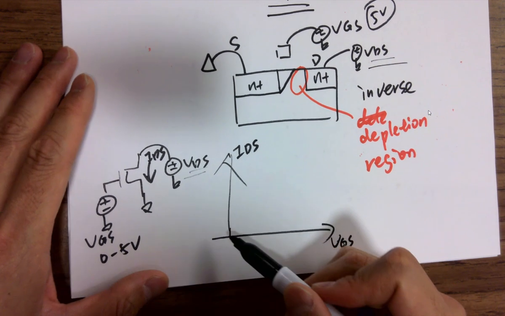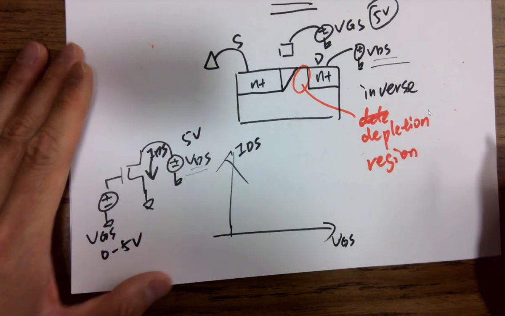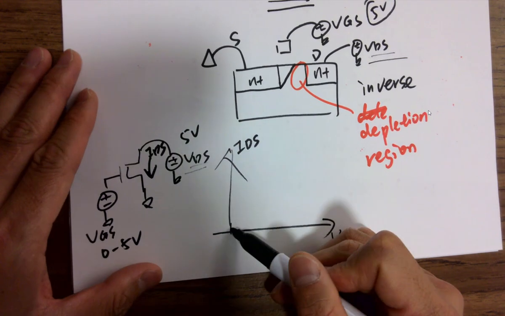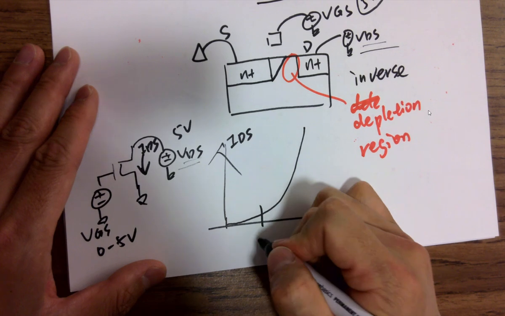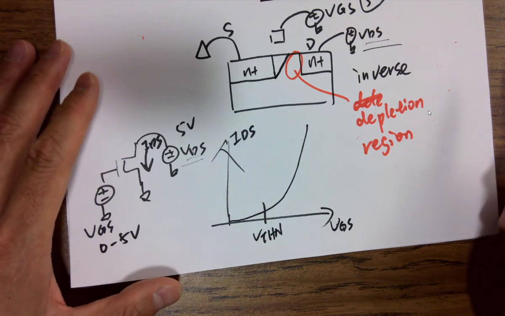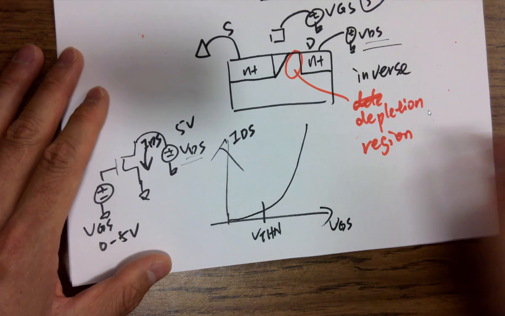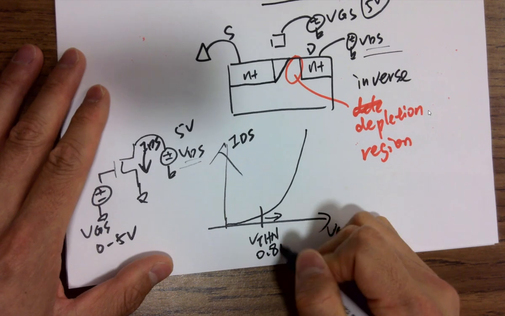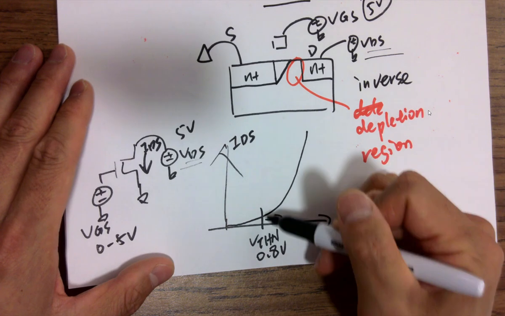So we keep VDS constant, like 5 volts. When VGS is increasing, you get a current like this. And this voltage here is the VTHN. This is where you can see VTHN, because VGS has to be larger than VTHN, and you can consider this is on. So after this voltage for the VGS, 0.8 volts, the transistor is on, and the current is increasing exponentially.